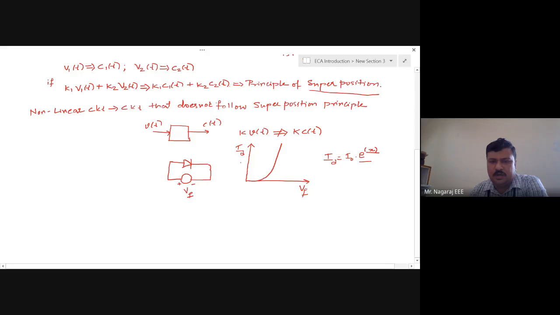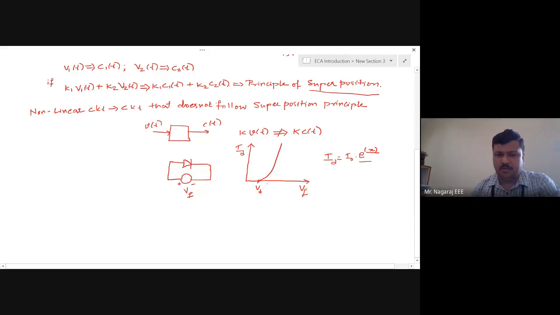So any circuit that does not follow the superposition principle won't be a linear circuit. Now if I increase the voltage up to, say, the threshold value, there is no effect on the current. Even if I change from 0 to 0.5 volts for silicon, there is no effect on the current.